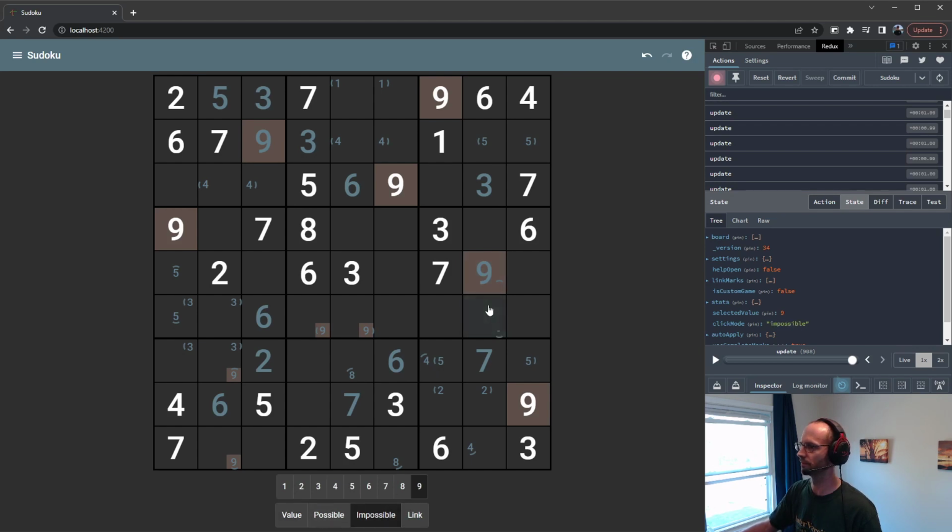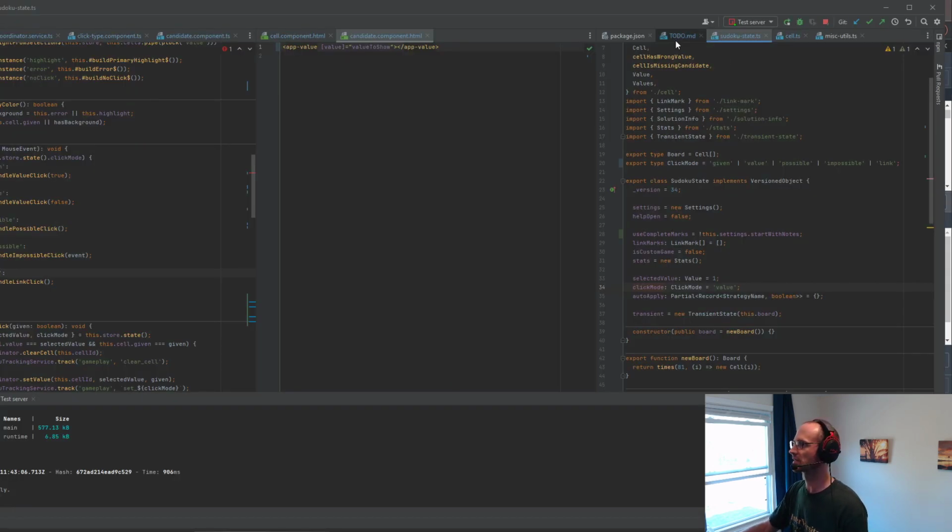Impossible. Oh, I have to make that... let me leave myself a note. I have to make sure that when you mark something impossible, it will erase the strong link.